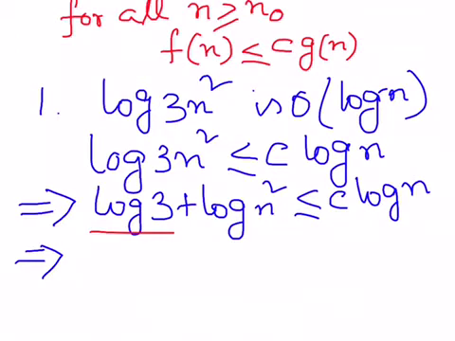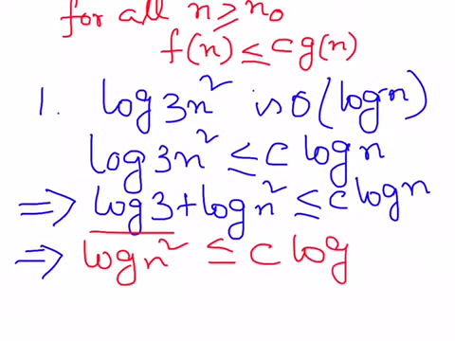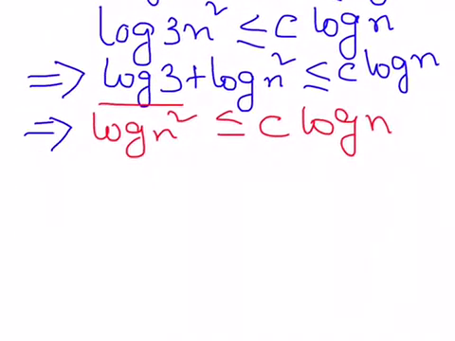So we can write log of n square less than or equal to c log of n. Moreover, we can adjust the constant for this inequality to hold.